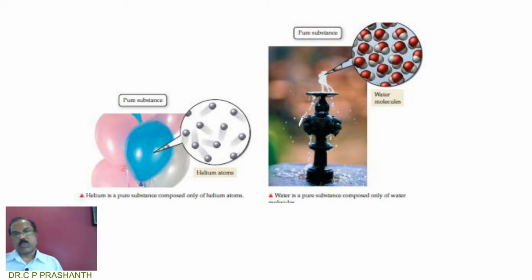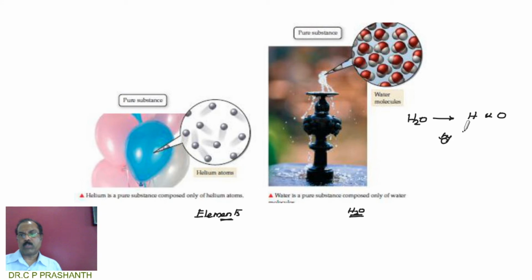Now, we already understood what pure substances are. Pure substances can be elements. In this example, you can see helium atoms, and this is an example of water, which is a pure substance. So how do we know whether it is a pure substance or not? What is the basis? A pure substance cannot be converted into its constituent atoms by physical methods.